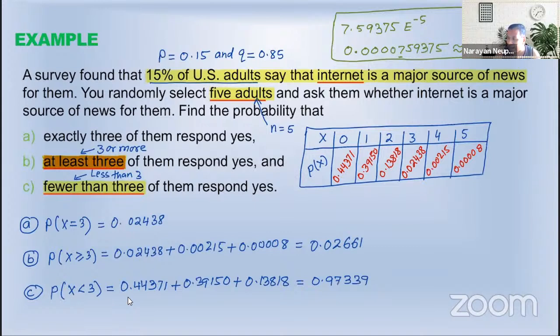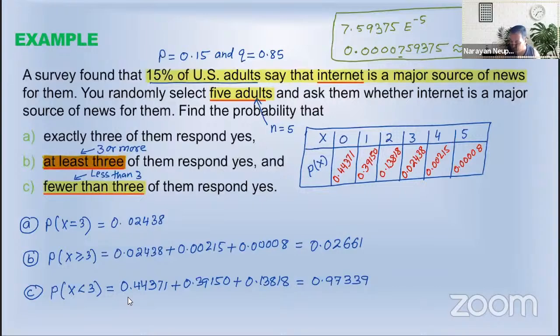You have seen that in the discrete probability distribution, we can find the mean, also called the expected value, and the standard deviation. In the previous class, we had the discrete probability distribution given, made all those tables, and then used the formula to find the mean and the standard deviation.